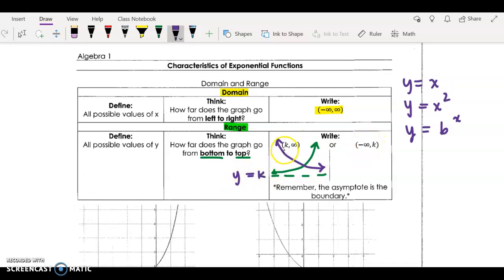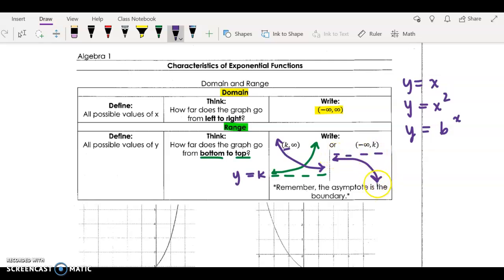So the bottom of the graph will be the k value, and the top of the range will be positive infinity. Both of these graphs are pointing up on the y-axis. Now, if our asymptote is above the graph, so let's say our asymptote is this horizontal line, that's not the best I've ever drawn, but the graph is a reflection so that it goes below the asymptote.